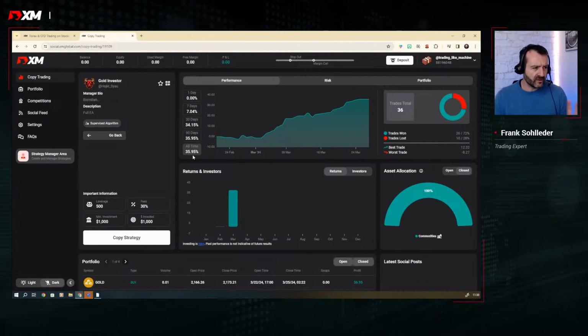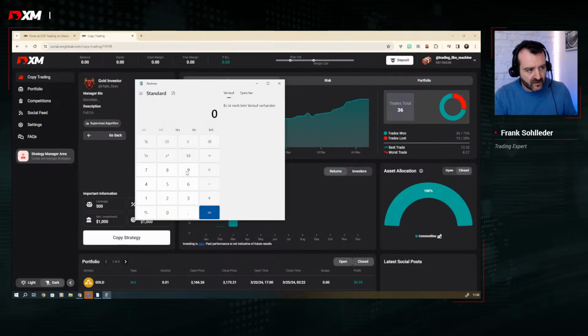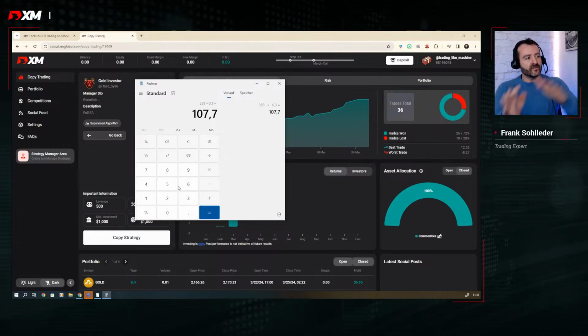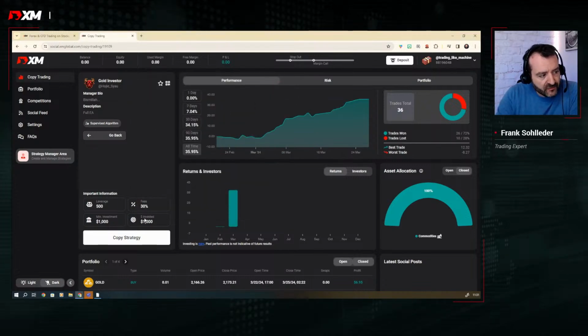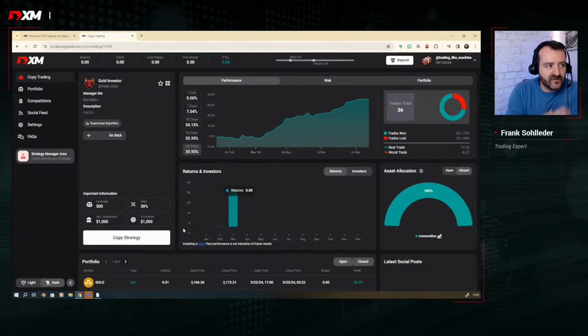I'm not sure if it's dollar or euro. It's dollar, I believe. Exactly, it's dollar. Here you see it. So you make $359 of profit, and 30% of it, 107, of the profits the person receives who you are investing in. So this is one criterion you have to look at: how much of your winnings you have to give away for the service that lets you copy this person. Okay? That's one thing.